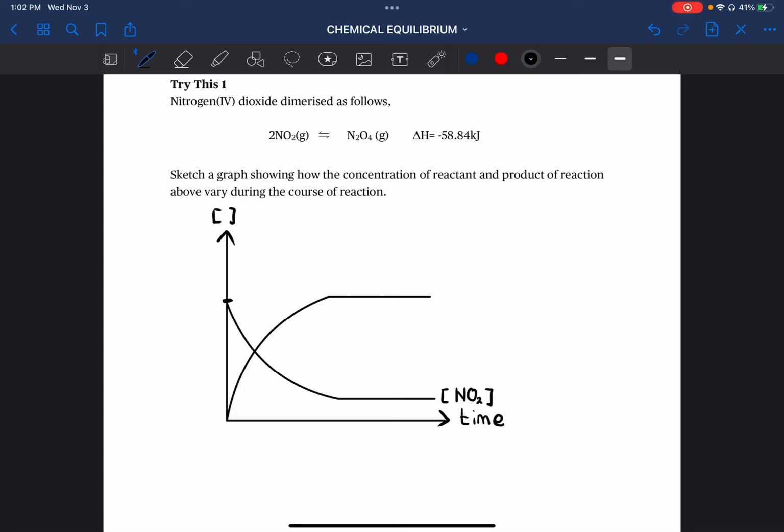Reactant kita NO2. Label NO2. So product is N2O4. Okay, so label reactant and product. Okay, make sure the curve is correct. Don't forget to... tak kena. Sorry, I need to modify my graph.